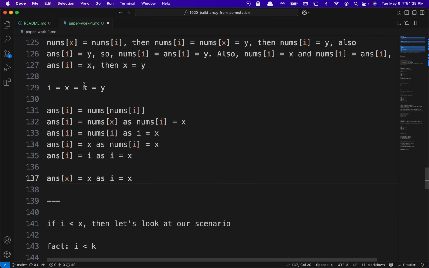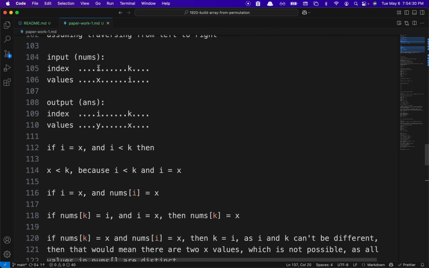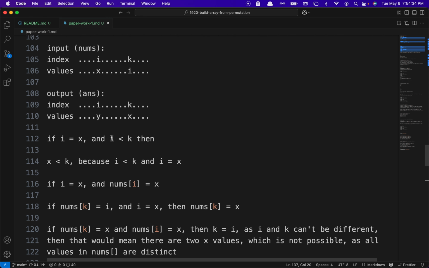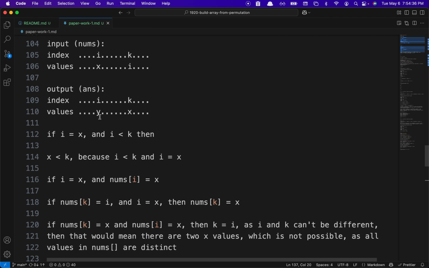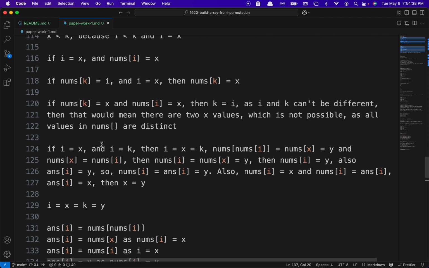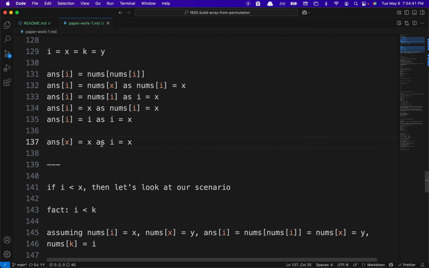So if I and X are equal, the index and the value are equal, you can just go ahead and say it's equal to the index itself, whatever you want to put, right?